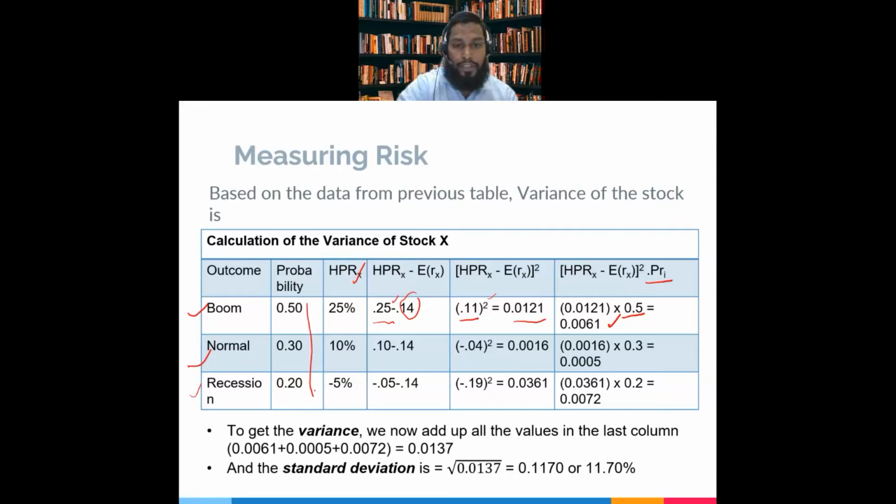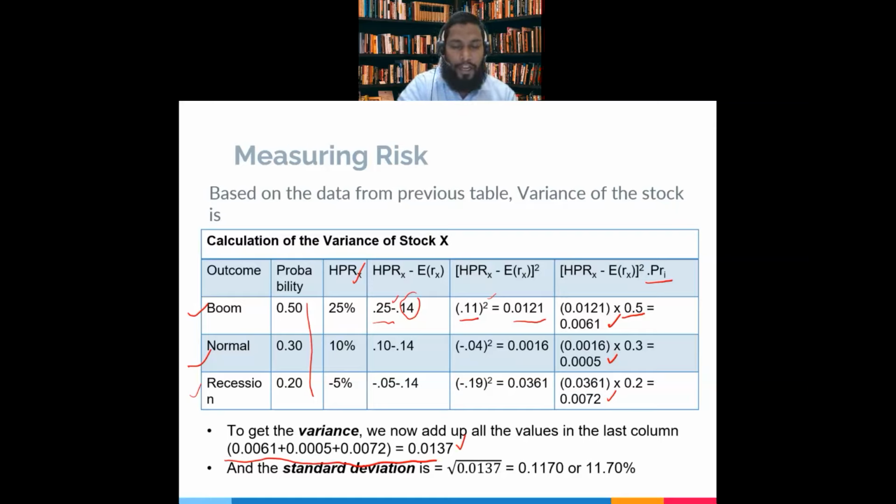So we follow the similar steps here, and once we get the answer for the normal, and then for the recession based on the same approach, we just add up. So here we add up all of these answers, and we get the variance.